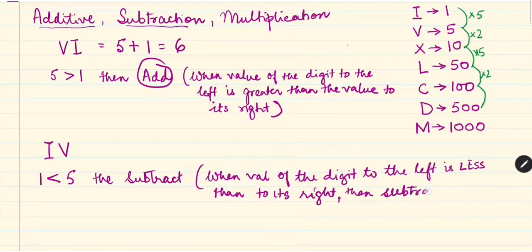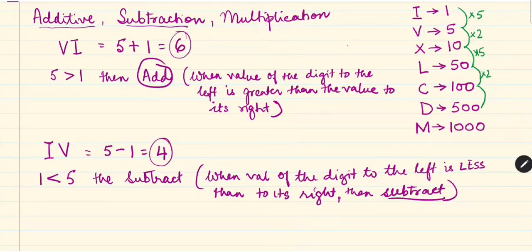So 5 minus 1 equals 4. So IV has a value of 4, whereas VI has a value of 6.